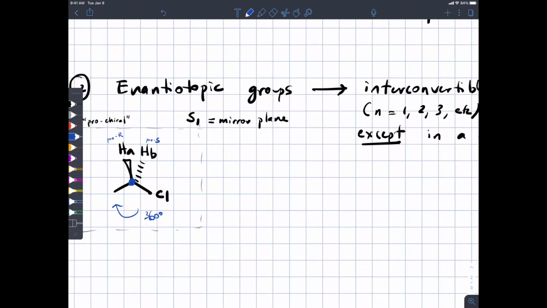And basically, enantiotopic protons or groups are any time you have two of the same atom or group attached to the same carbon in a molecule that's not chiral, but where if you did something to that carbon, it could be chiral. So this is a case where the two chloros are enantiotopic.